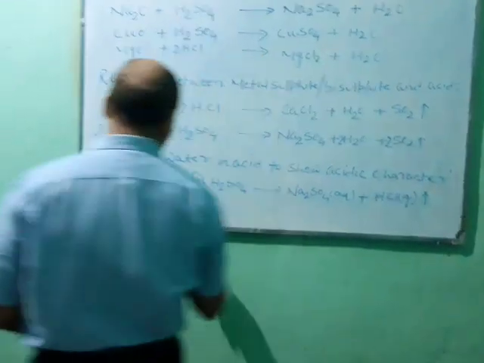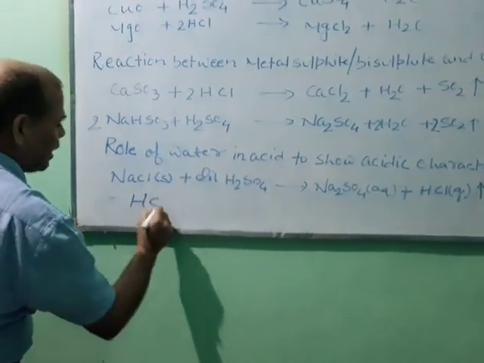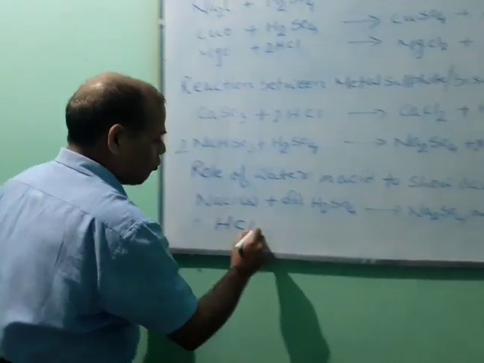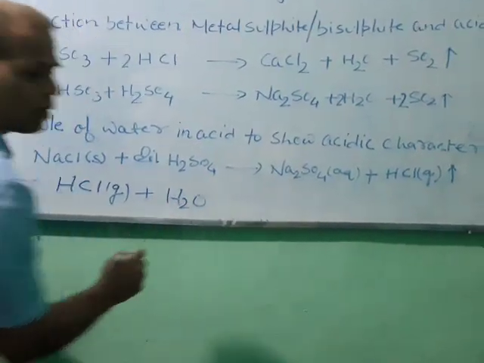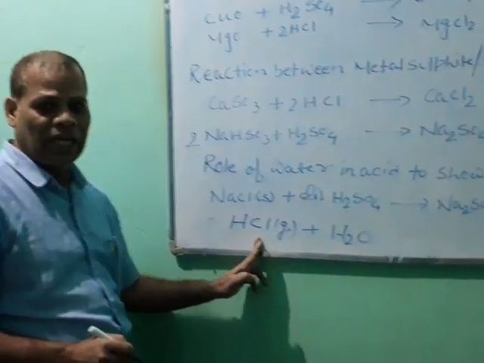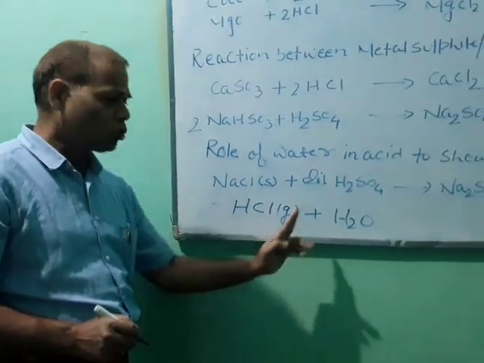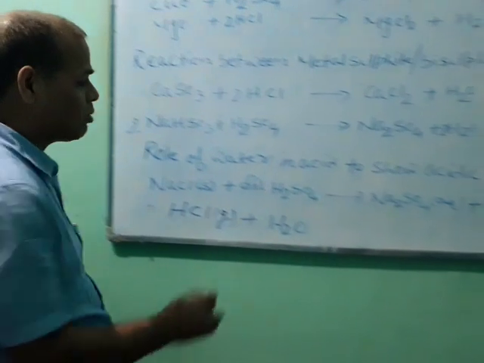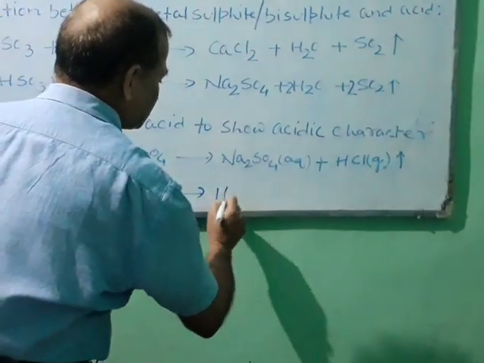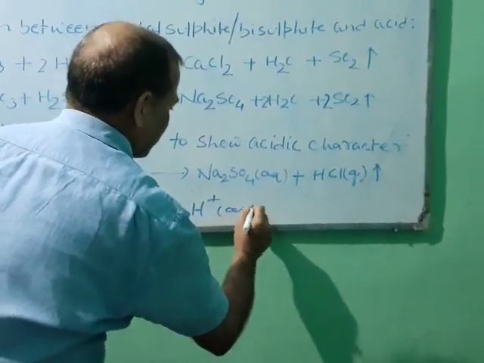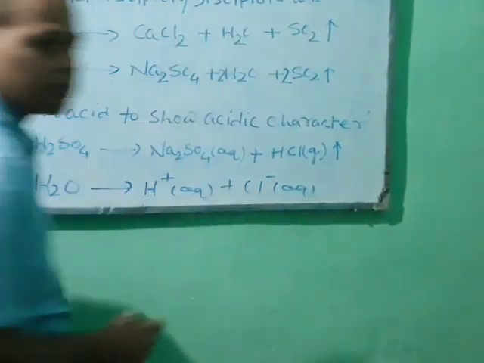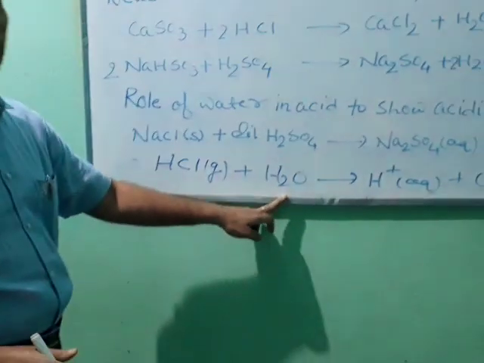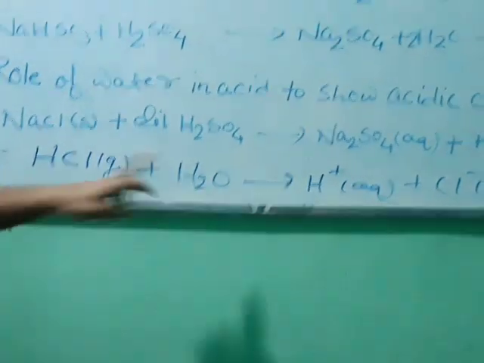So here we can say the HCl will dissociate into ions. HCl gas dissociates into its constituent ions, H plus and Cl minus, only in the presence of water.